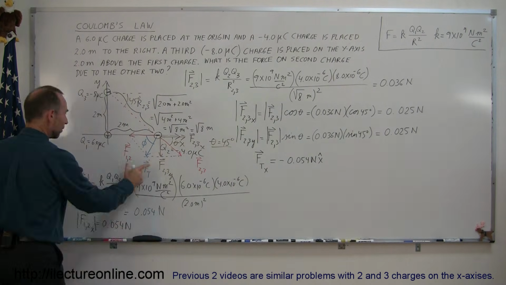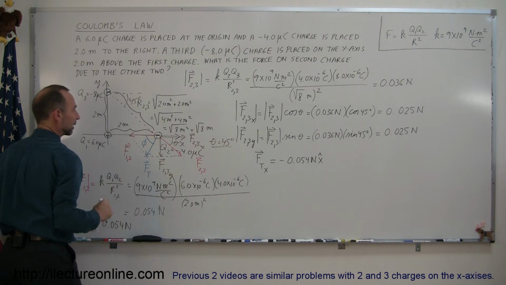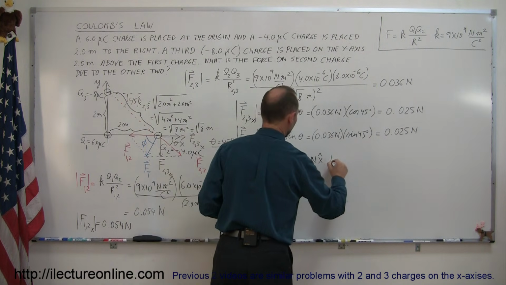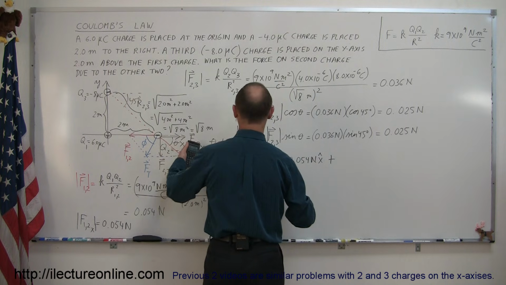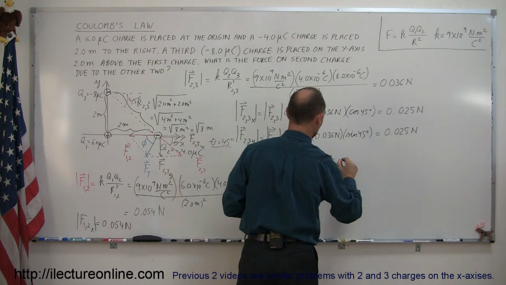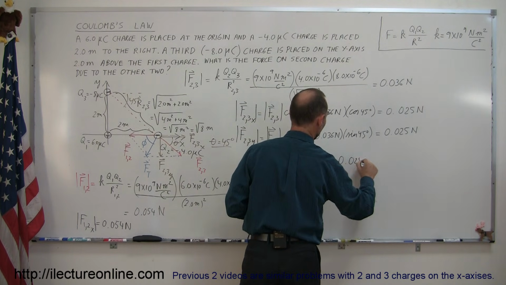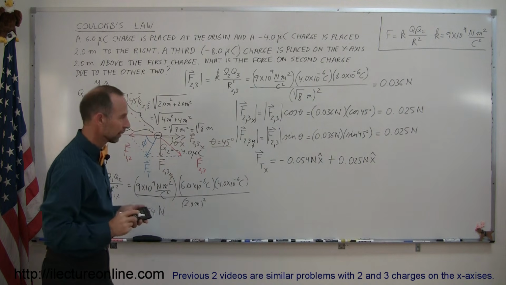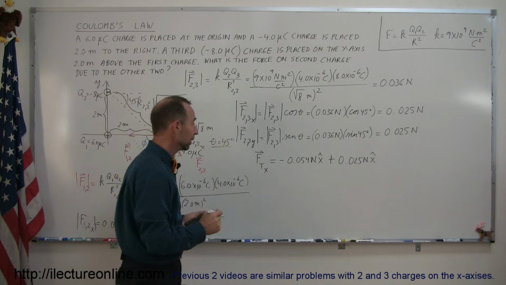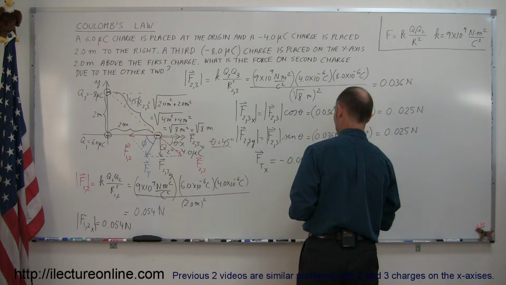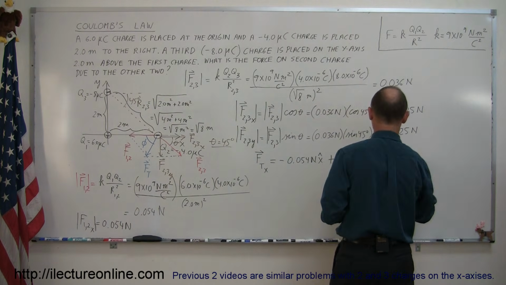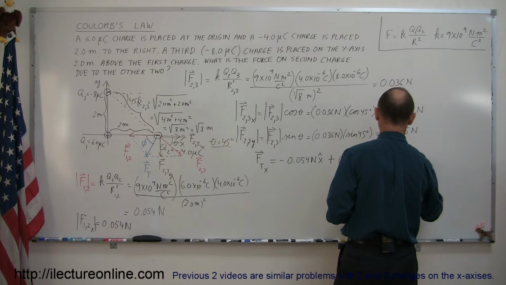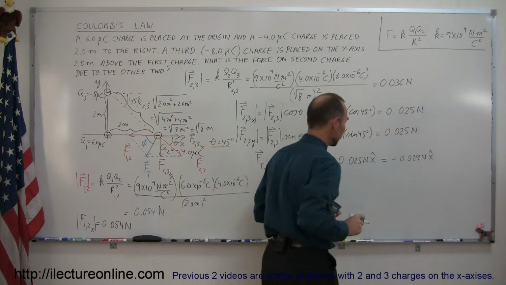So I'm adding this component pointing to the left, plus that component pointed to the right, and that component F23, we found what it was equal to. It's 0.025 newtons in the positive x direction. Okay, so when we add those two together, the x component of the total force is equal to minus 0.029 newtons in the x direction.